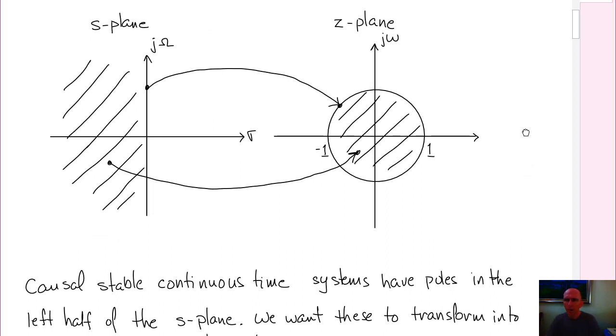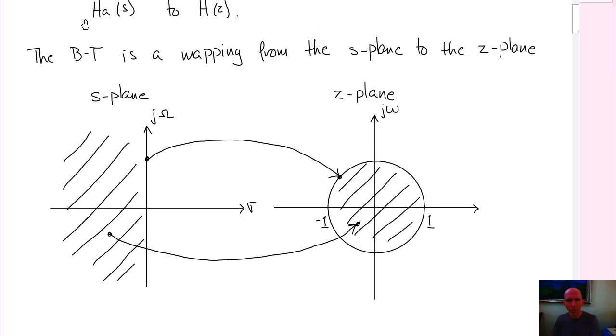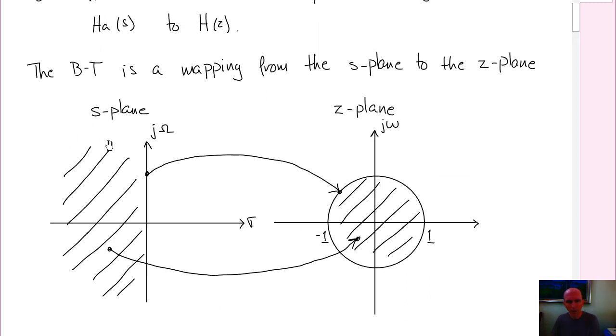If our continuous time system is going to be causal and stable, all the poles are going to be in the open left half plane. And so all the poles of H_A(s) are going to be over here in the dashed section. Now, we know from our study in this class that for causal, stable, discrete systems, the poles have to be inside the unit circle.